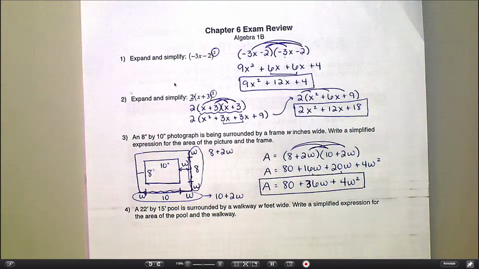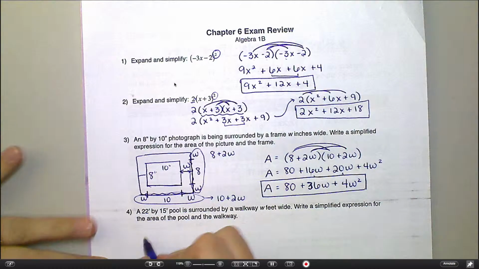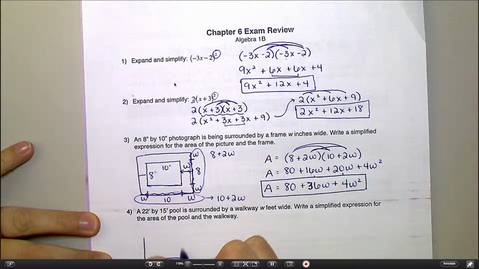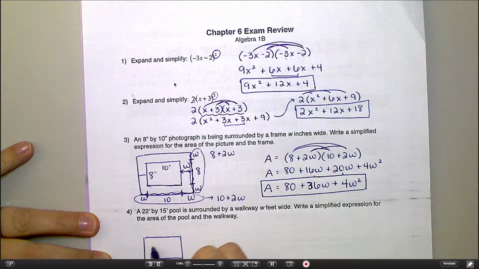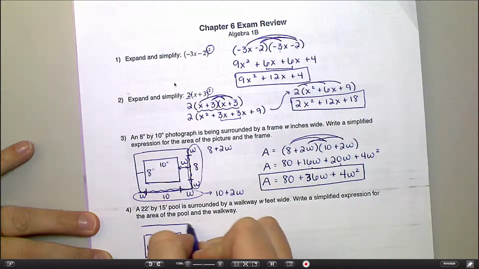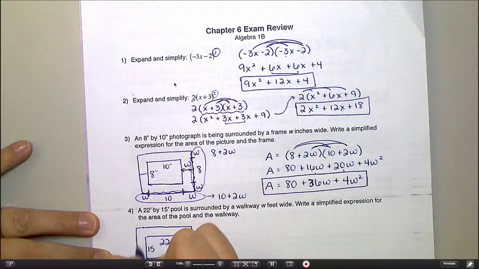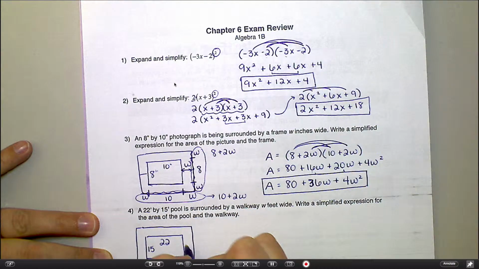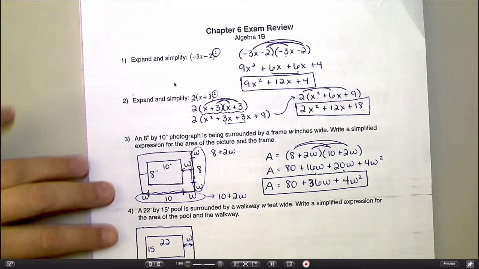Okay, number 4, 22 by 15 foot pool, surrounding it by a walkway with a width of W, just like before. I want the total area.